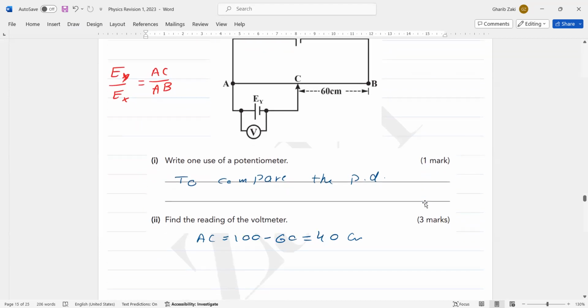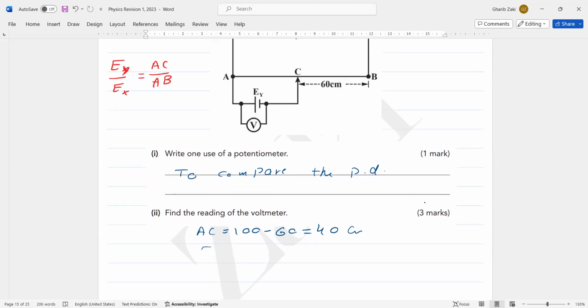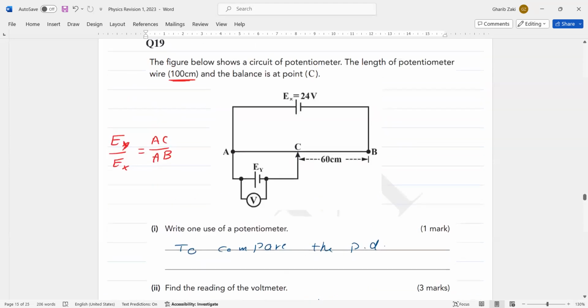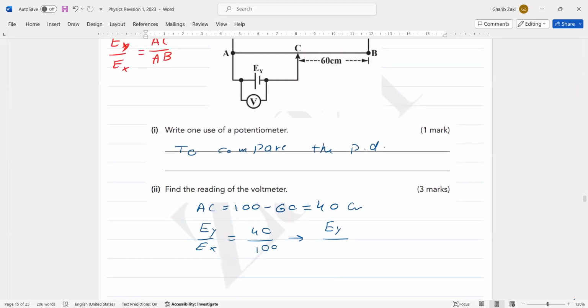Then EY over EX equals 40 over 100. Now, from this, it said the reading, so we need EY. EX is given, it's 24, so EY over 24 equals 40 over 100.